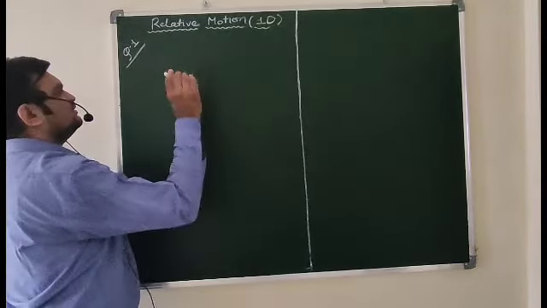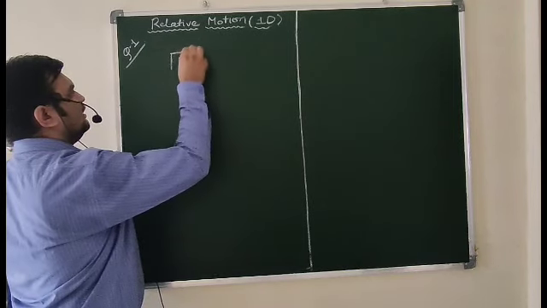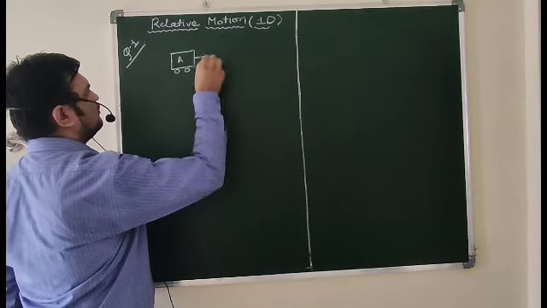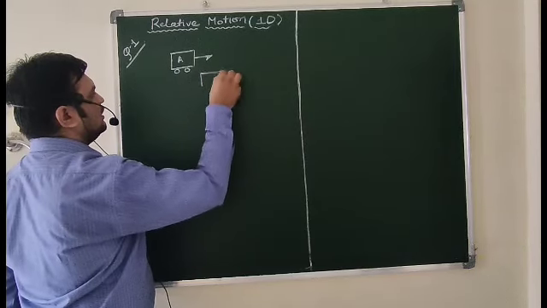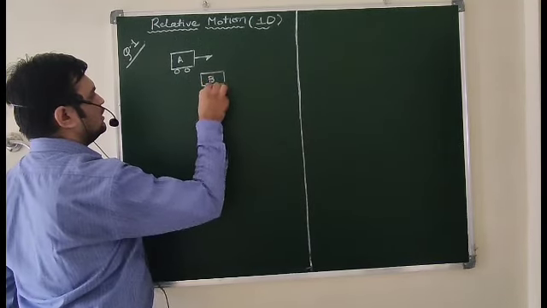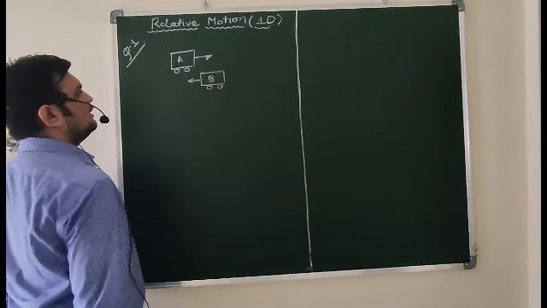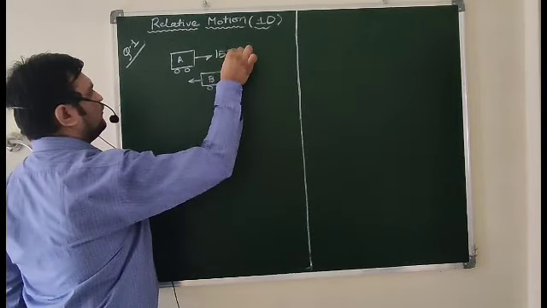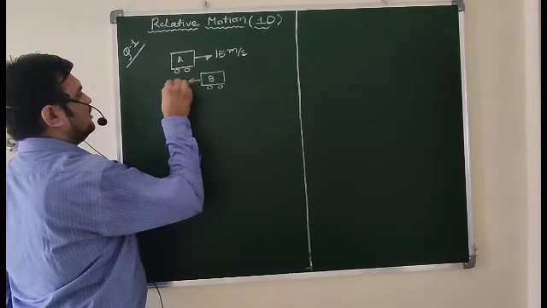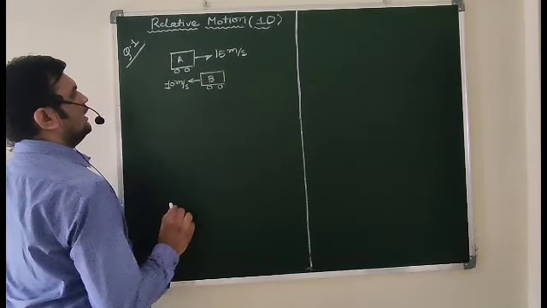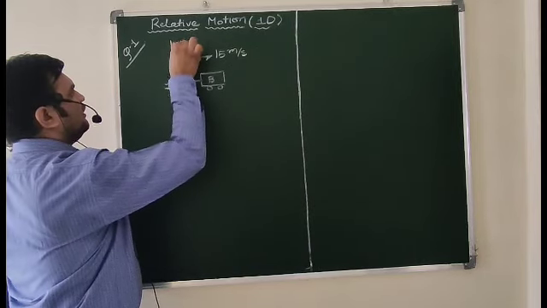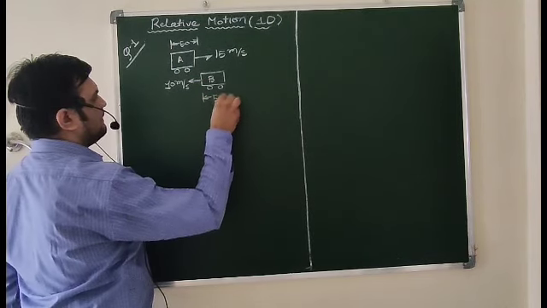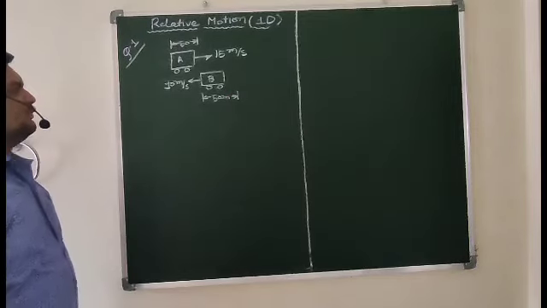So here, train A and train B are both moving in opposite directions with velocities of 15 meters per second and 10 meters per second, and the length of both trains is 50 meters.